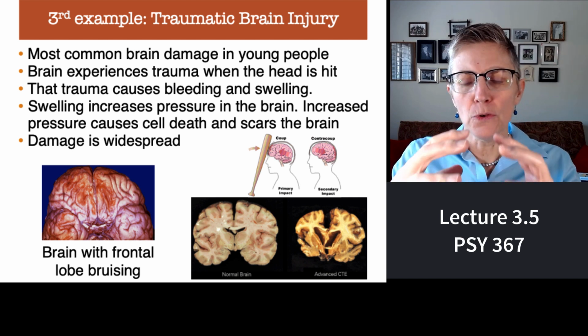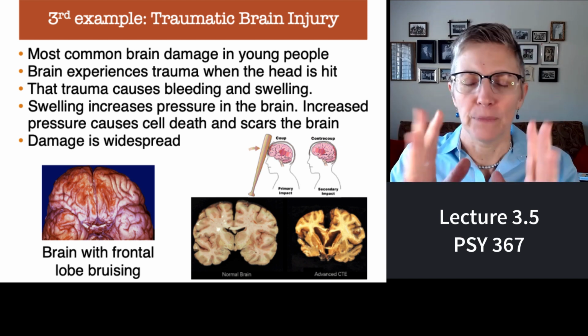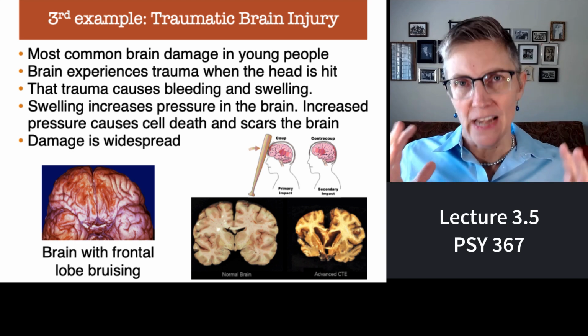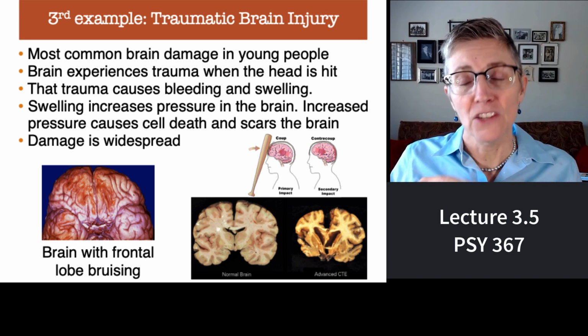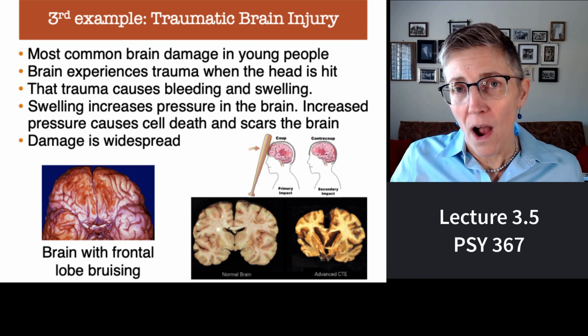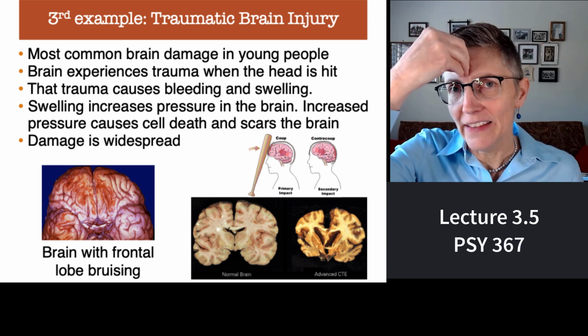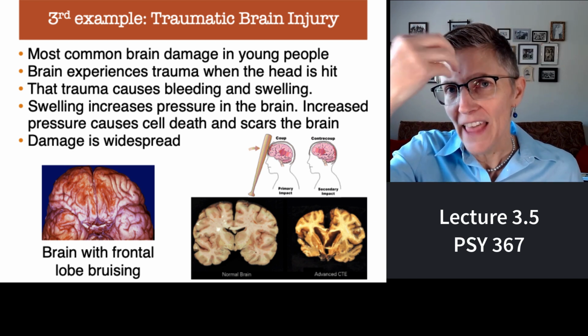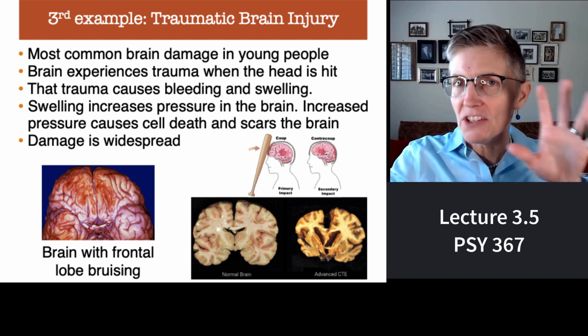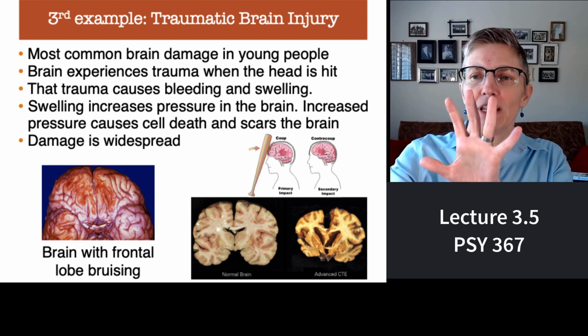Okay, I should go back. The damage that happens to your brain is widespread. Why? Well, maybe I get hit in the head here, but that pressure causes my brain to get pushed back.